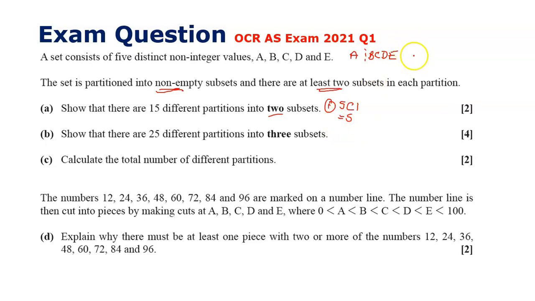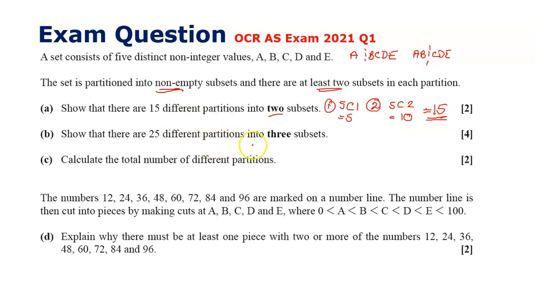And if I have instead 2 letters at the front, I've got an A and a B, and then I partition it and I leave a C, a D, and an E. I know I've written A, B there, but there's lots of different ways to choose those 2 letters. And again, I reckon with that, it's 5C2. I've got to choose 2 letters out of the 5. And if I do 5C2, I get 10, and therefore the overall total equals 15. 15 ways to get the 2 subsets.